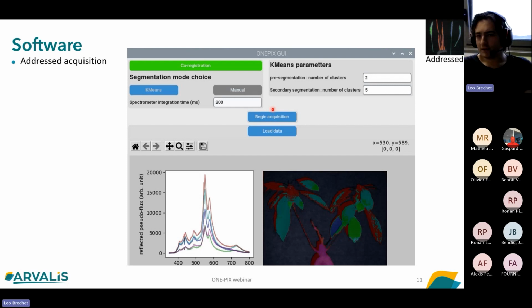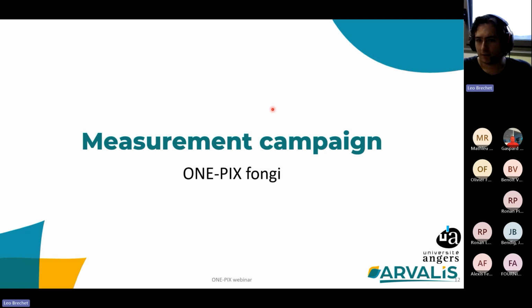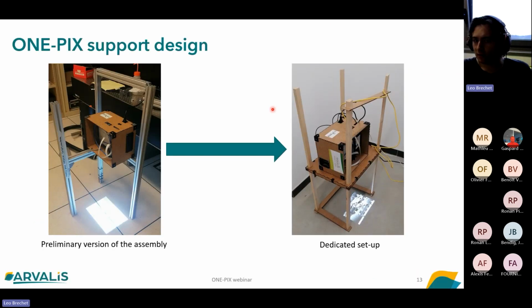So now we described all of this, we can talk about the measurement campaign itself. To begin, I'll be talking about the different setups that I used. Here on the left, you can see the lab setup made of aluminum profiles, but quickly we changed this material to the wooden support you can see here, because it's more accessible, less expensive, and easier to deploy.